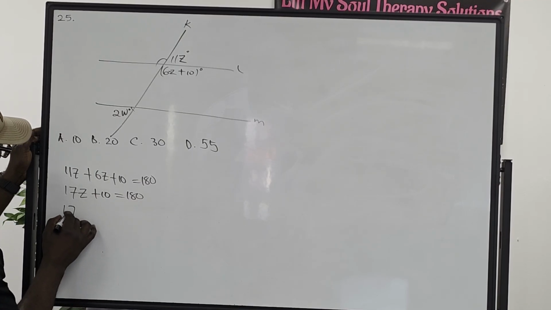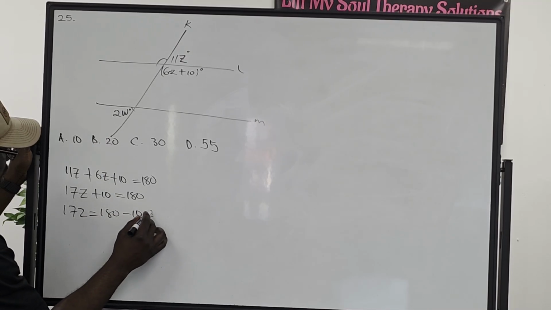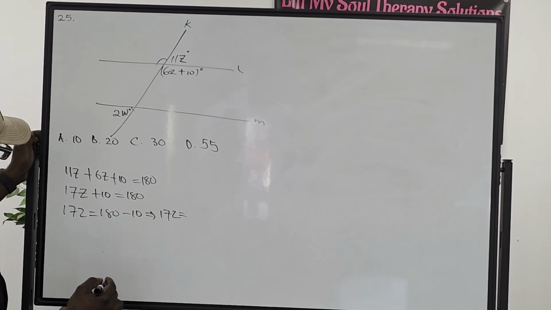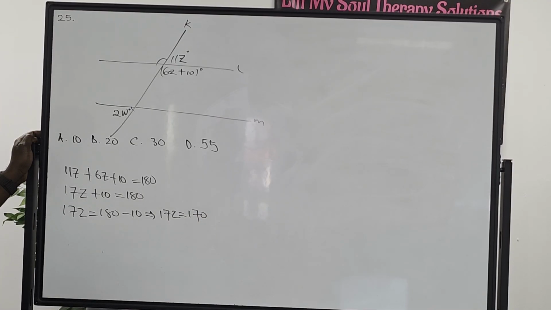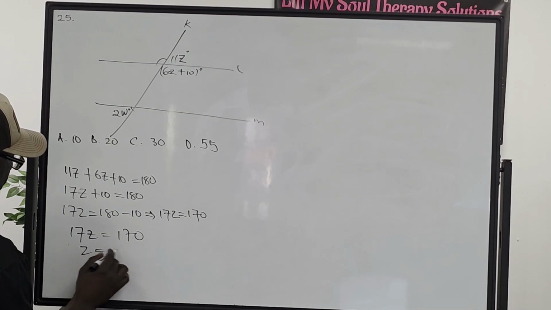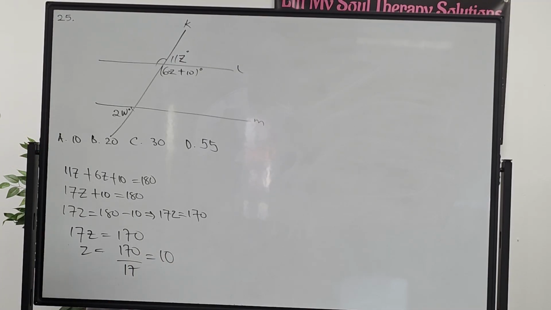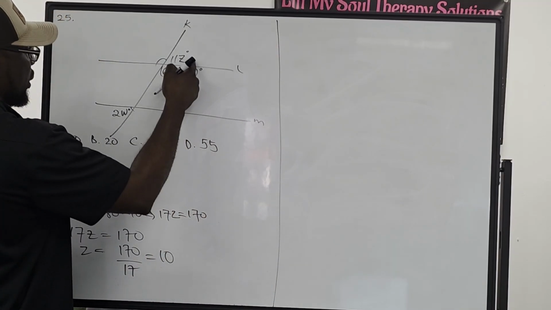So 17Z is equal to 180 minus 10, and that is 17Z is equal to 170. All right, so Z is equal to 170 divided by 17. That gives us 10. So Z is equal to 10.